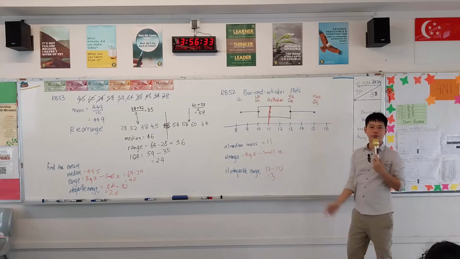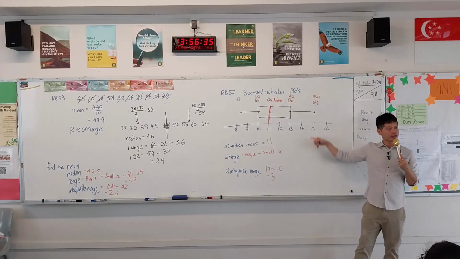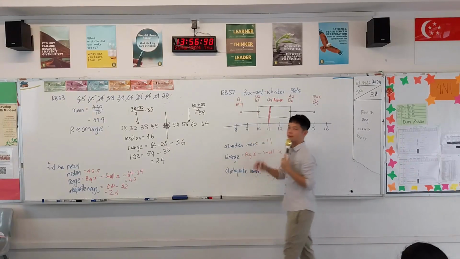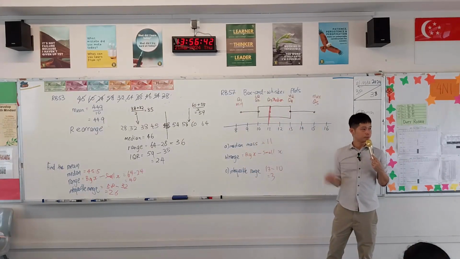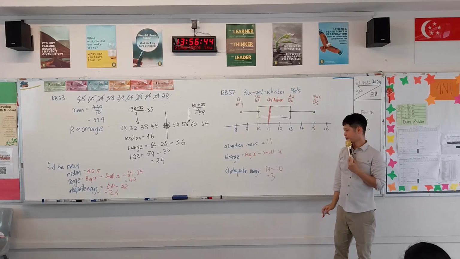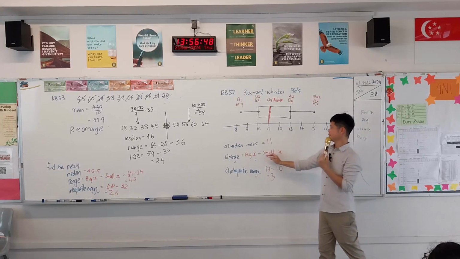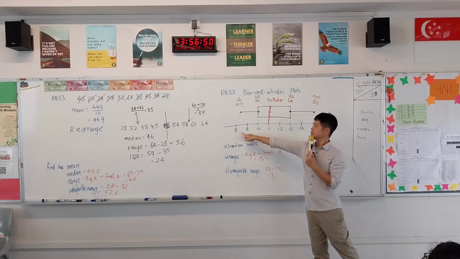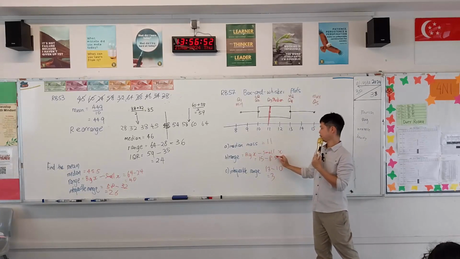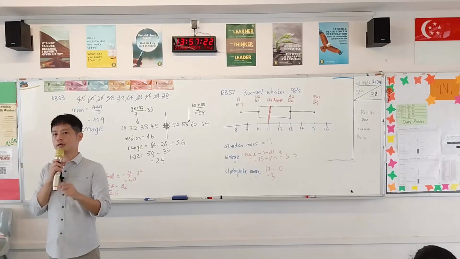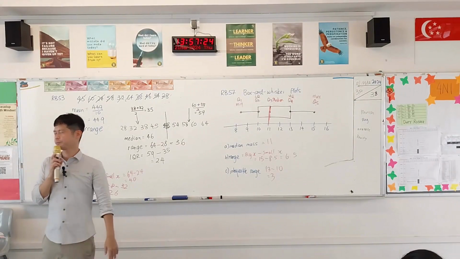We call this the maximum value. Not 16, it's 15. So, the other one, of course, is the minimum value. We take the maximum, the big one, minus the small one, which is the minimum. Okay, so the answer will be 15 minus 8.5, which is 6.5. Okay, can we stop the video? Thank you.